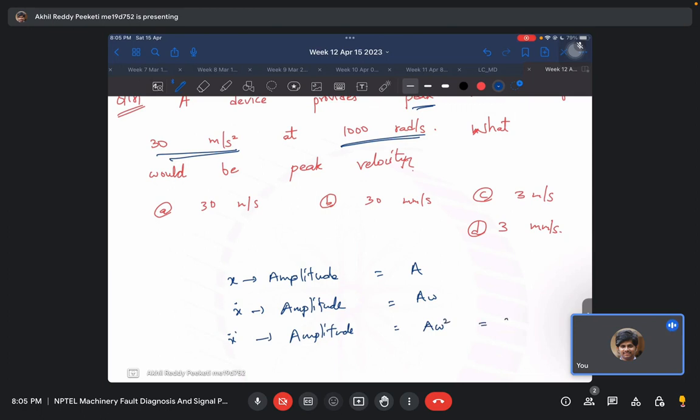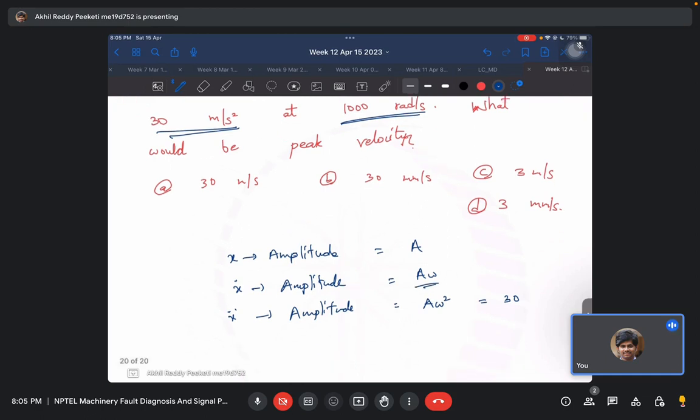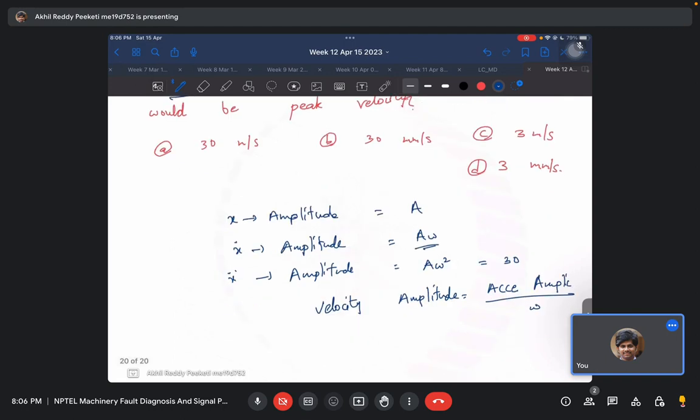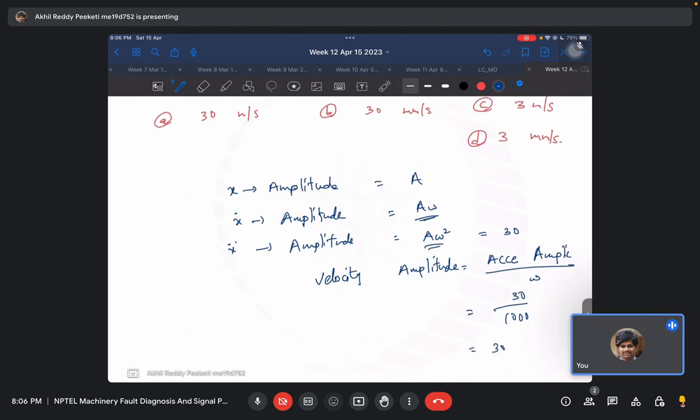So here a omega square is given as 30, and what is the velocity amplitude? Velocity amplitude is equal to acceleration amplitude by omega. We can write it this way from these two. So it's 30 by 100, which gives 0.3 meters per second, so 300 mm per second.